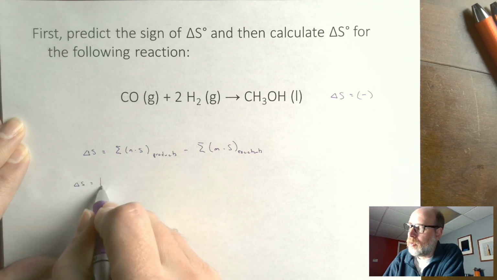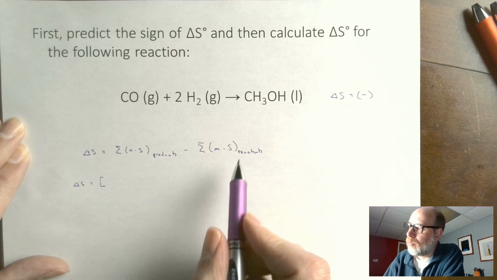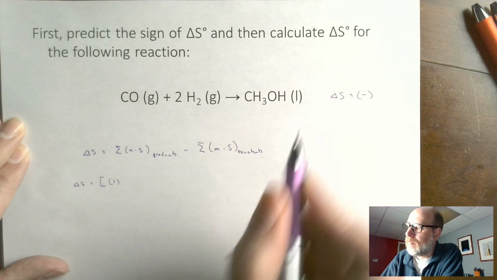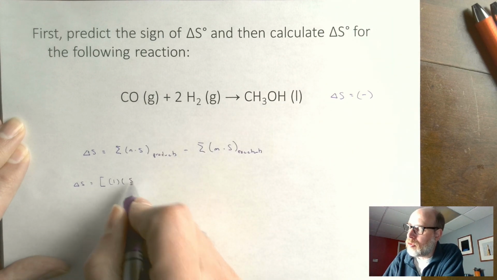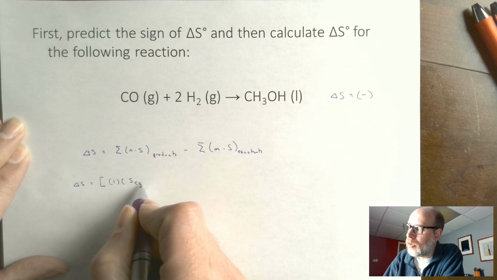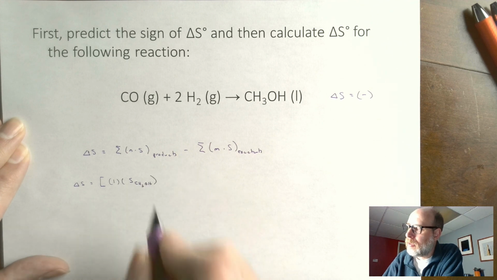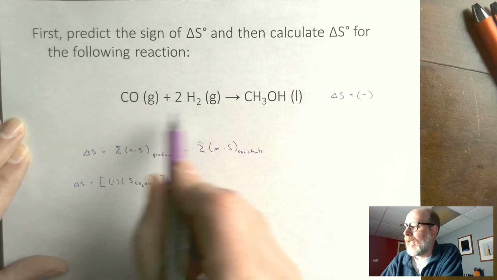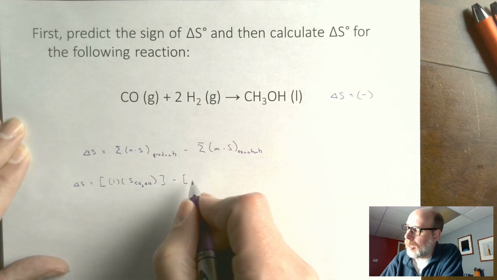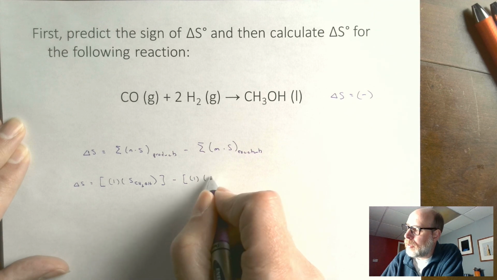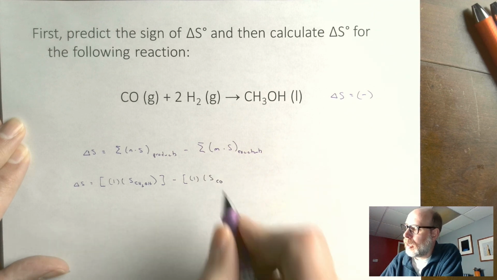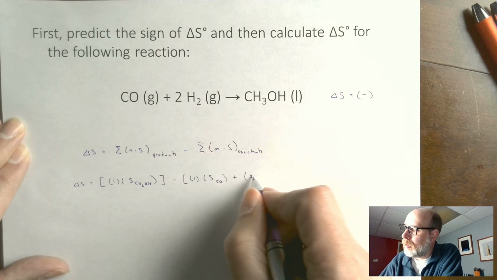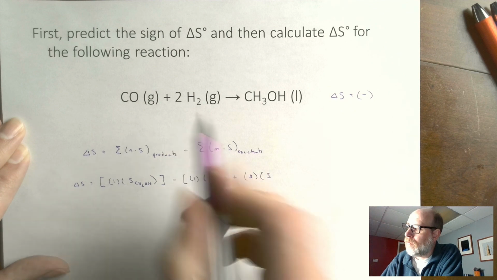For the products first, it would be 1, because there's a 1 in front of that, 1 times the entropy of CH3OH. And that's it. That's our only product. Our reactants, it would be 1 times the entropy for carbon monoxide plus 2 times the entropy for hydrogen.